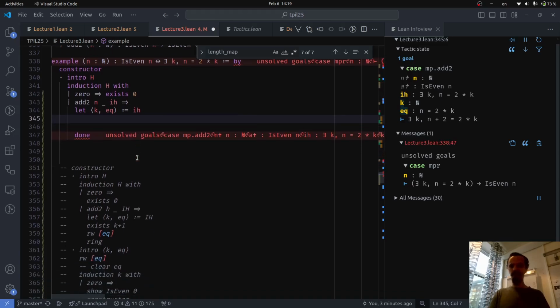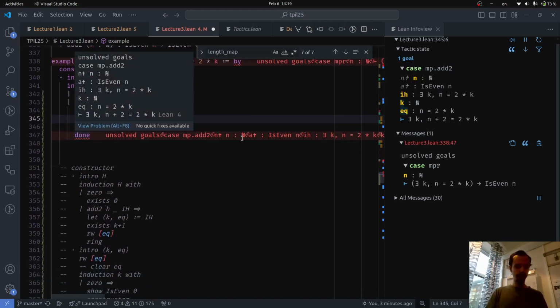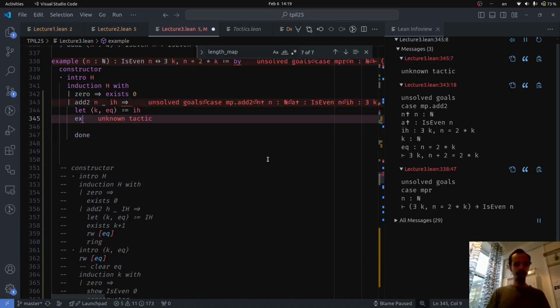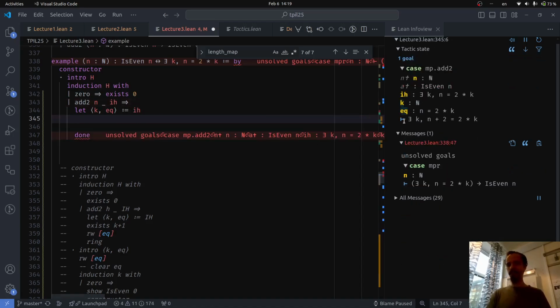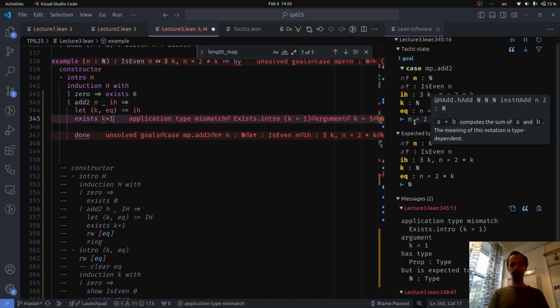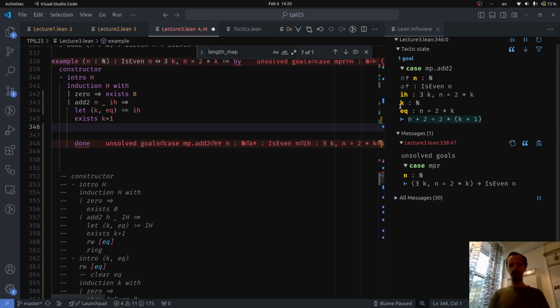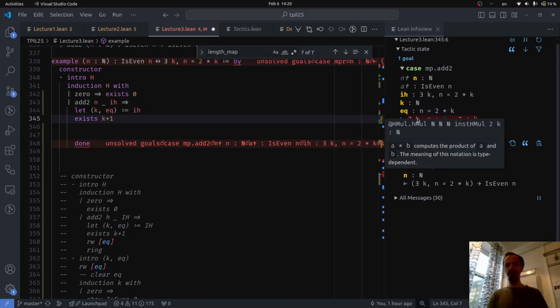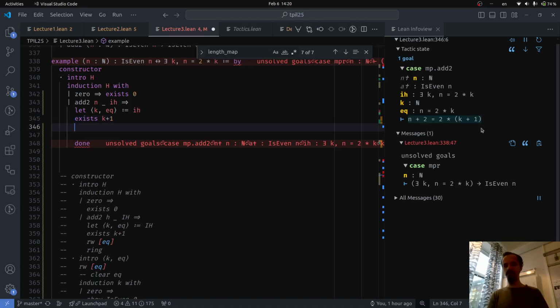equality, and we want to inhabit now this existence with k plus 1, right? If we know that n is equal to 2 times k, then the k that we want to prove this with is k plus 1, because then n plus 2 is 2 times k plus 2, which is 2 times k plus 1.